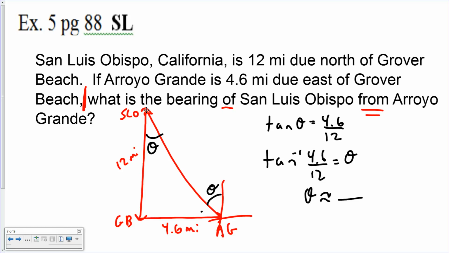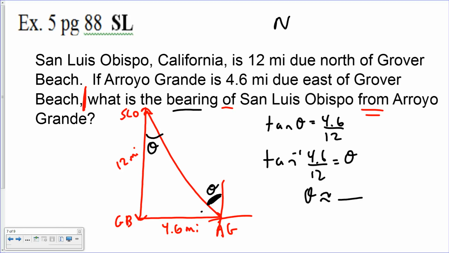I am not done with the problem, because the problem is asking for the bearing. The bearing is not just my angle. I have to put it in the right form. So when I'm looking at this angle here, what I really want to do is write it down as north.